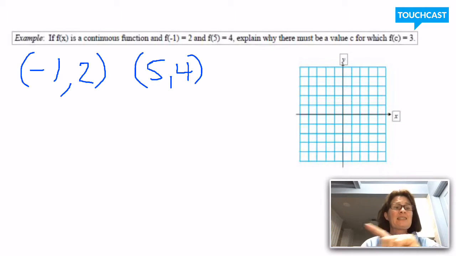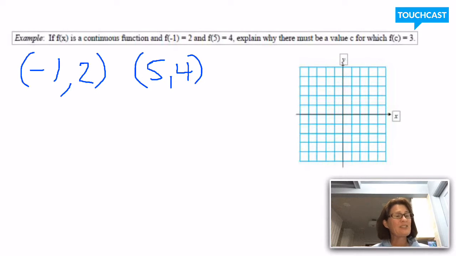And that somehow those 2 ordered pairs are connected with no skips or jumps or holes. So this is the information I've been given, and I've been asked to explain why there must be a value c for which f of c equals 3.